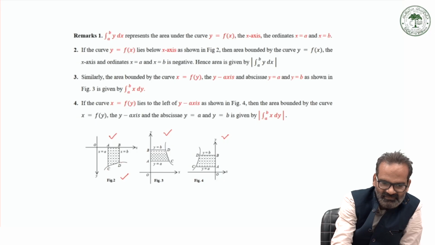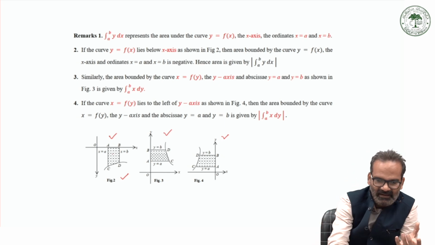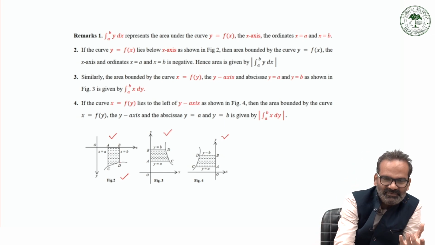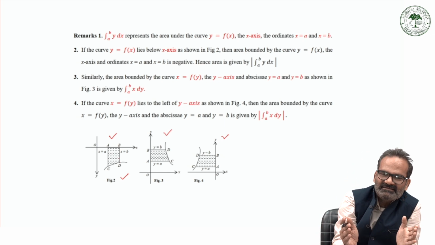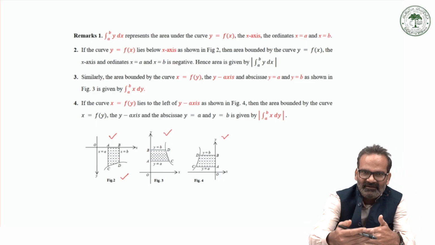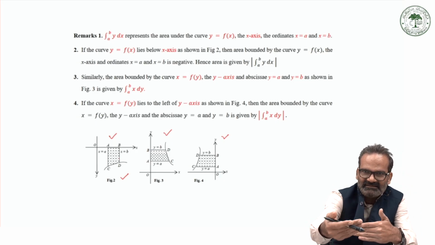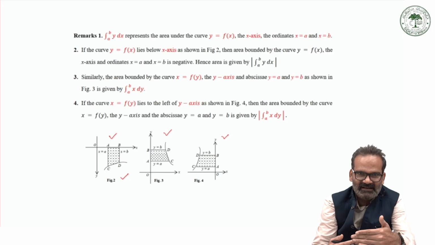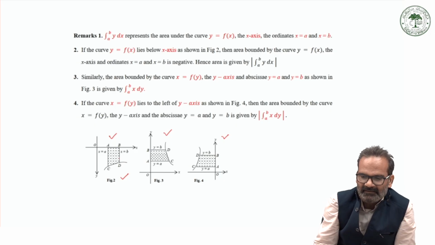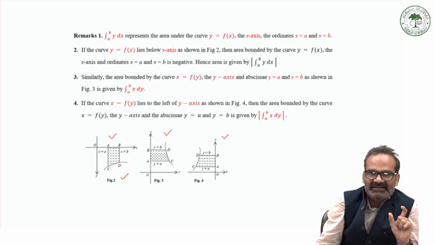This is your curve, this is the point C and D, drawn perpendicular, and this is the region whose area you want to calculate. x = a, x = b are the ordinates. The figure remains the same, only it has been reverted from above the x-axis to below the x-axis. Then the area will become negative.